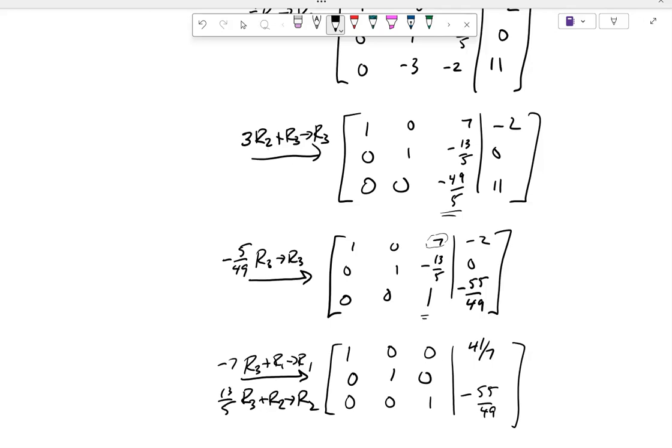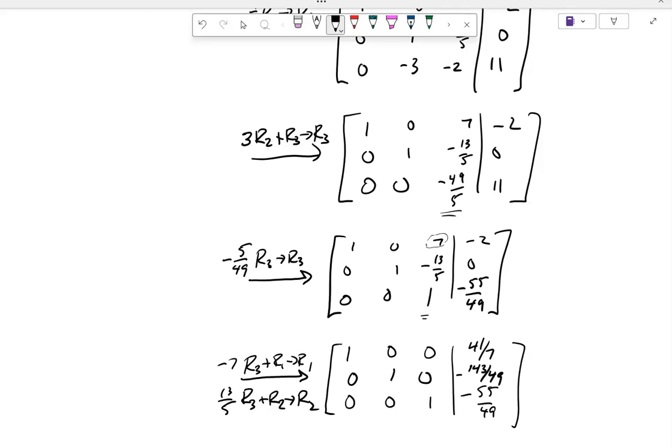Oh, goodness, that's ugly. 13 over 5 times 55 over 49. Well, that's -13 times 11, which is -143 over 49. So I'll get a -143 over 49 on this spot. Like I said, that's what the calculators are for. The important part here is understanding the approach.